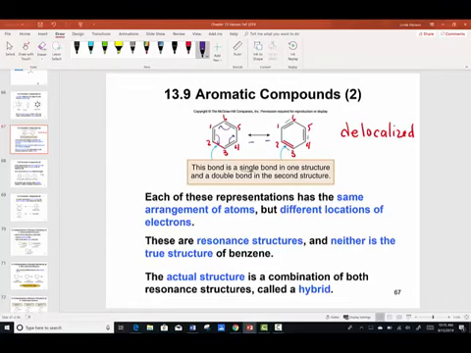I realize that we should always start numbering at the double bond, but we're emphasizing with a structure that has delocalized electrons that those electrons are not necessarily in a position between two atoms of carbon at any one time, but rather evenly distributed around the entire ring.